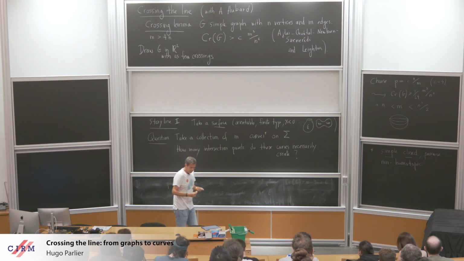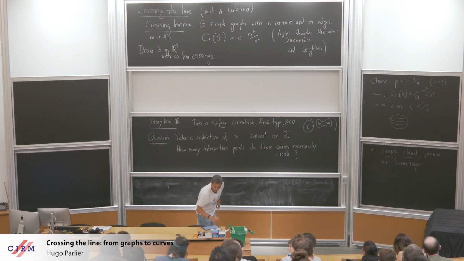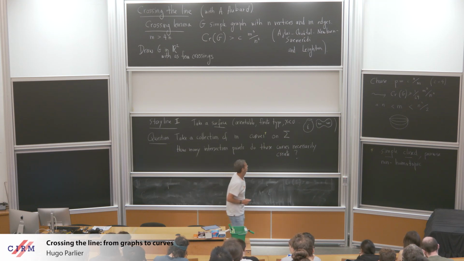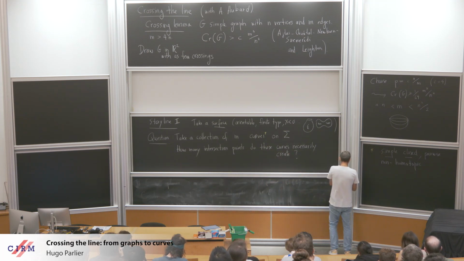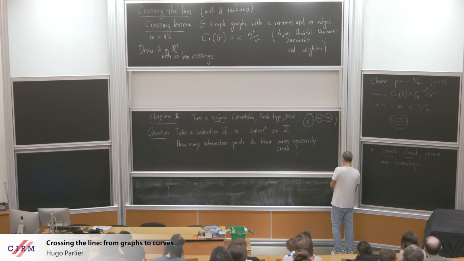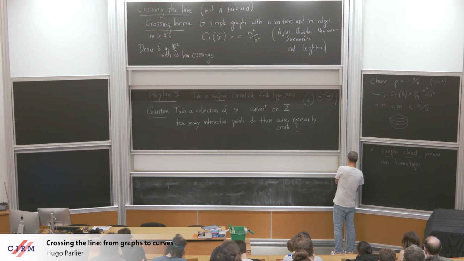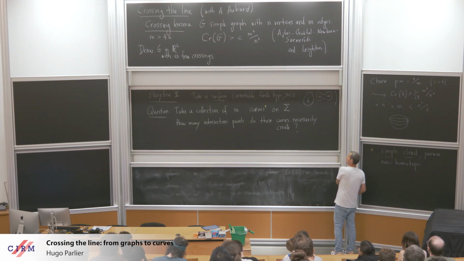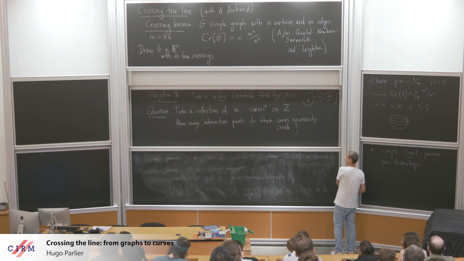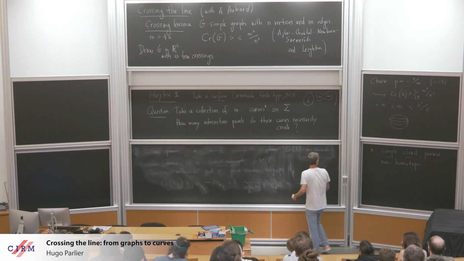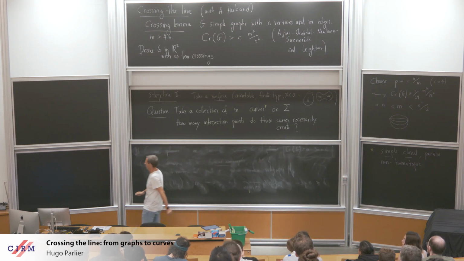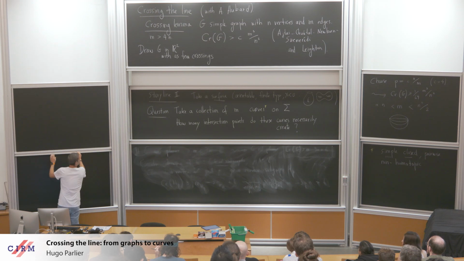Okay, so this is the question. I'll let you think about that for a minute, or 5 seconds, and I'll tell you the answer. Okay, there we go. I'll tell you the answer over here.